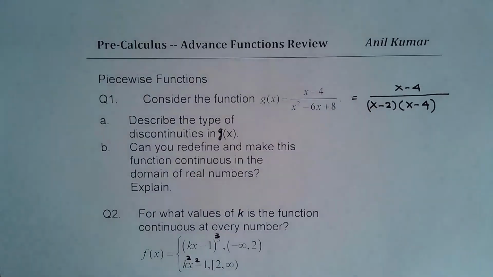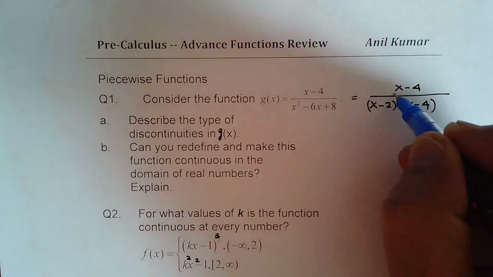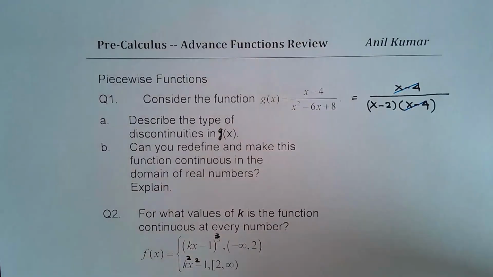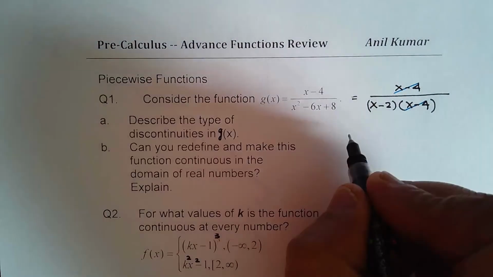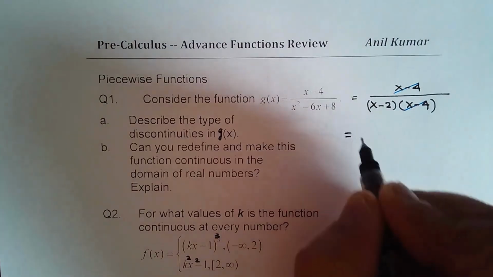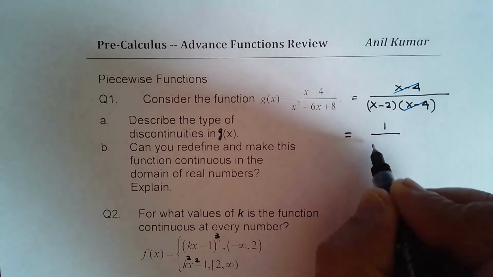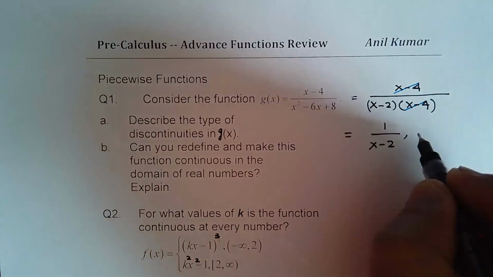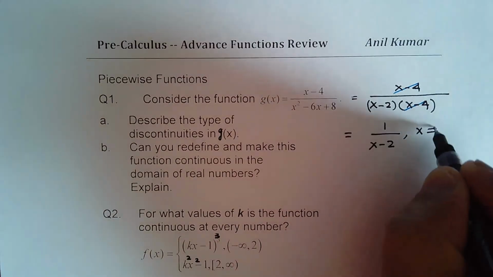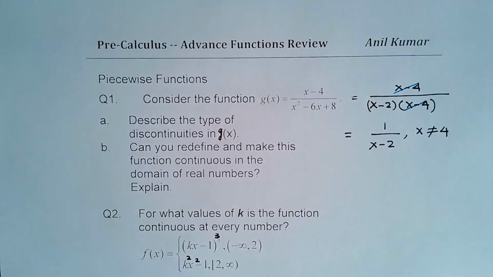Now as you can see, the numerator x minus 4 and the factor in the denominator x minus 4 will cancel. And therefore, we could write this function as equal to 1 over x minus 2, where x is not equal to 4. Correct? So that is how you can write the function.